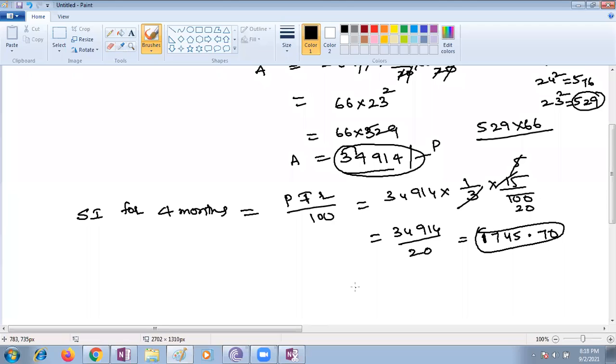So total interest you have to calculate. Earlier you got 8514. Here you are getting 1745.70. You just combine these two. This is your compound interest. Initial amount you are taking as 26,400. You just add both the interest parts, and you will get the total amount he is supposed to pay after 2 years, 4 months.